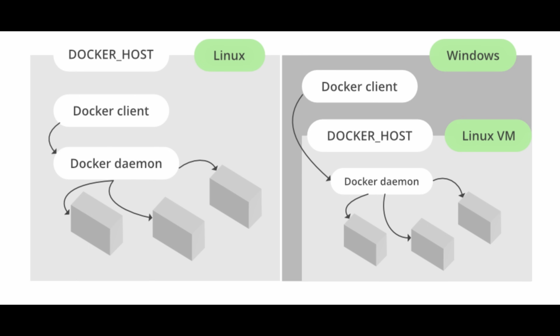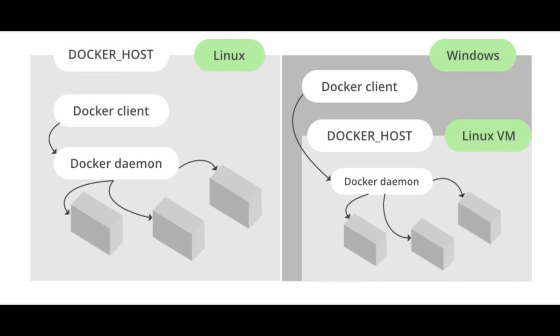So in this image, you can see clearly that when we start installation of Docker on Windows, the main thing is to understand this. Let us look at the left side of the image below, where you can see that on a Linux operating system, Docker is installed directly on the operating system.